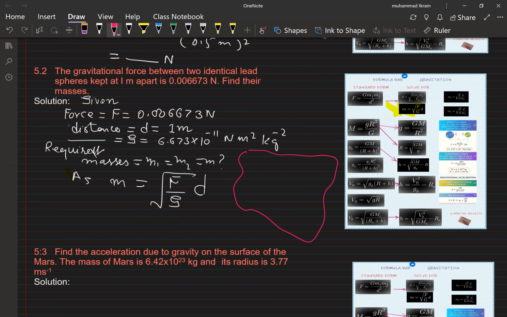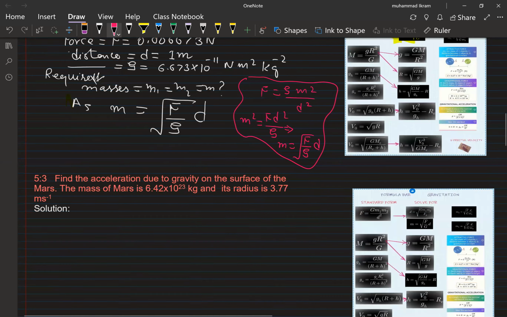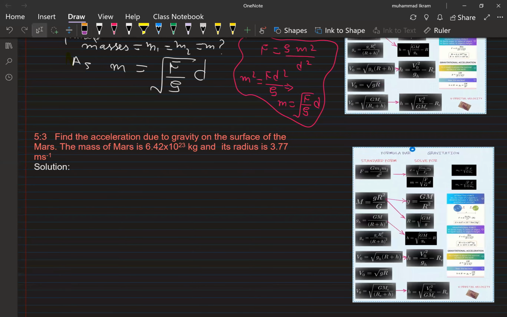They are the same, so M square, and there is already a d square. So F d square will go there, it will come here, and you have the M square. If you take the square root, it will come out to be the square root of F by G, and the square root of d square will be d. So this is how I simplified the formula for you. If you remember, you will be able to quickly solve the given numerical.